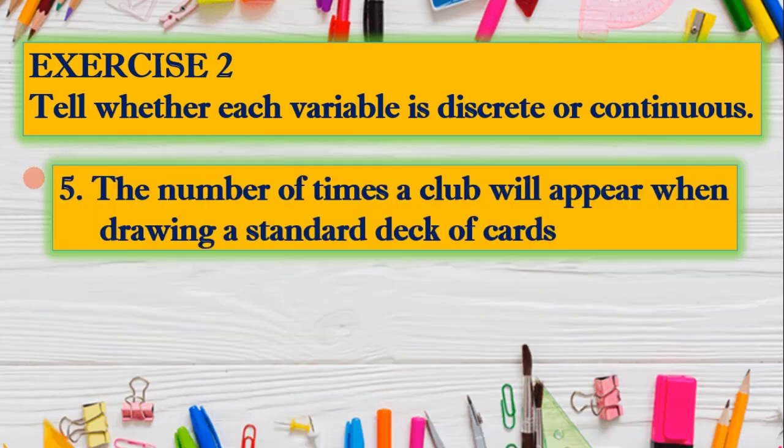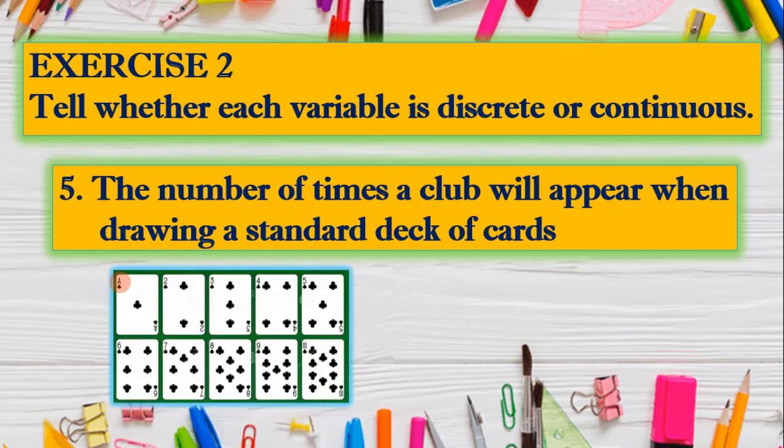For number 5, the number of times a club will appear when drawing a standard deck of cards. So this is an ace of clubs, 2 of clubs, 3 of clubs, 4 of clubs, and so on. So we can use a discrete variable, meaning the number of times a club will appear when drawing a standard deck of cards is a discrete variable.